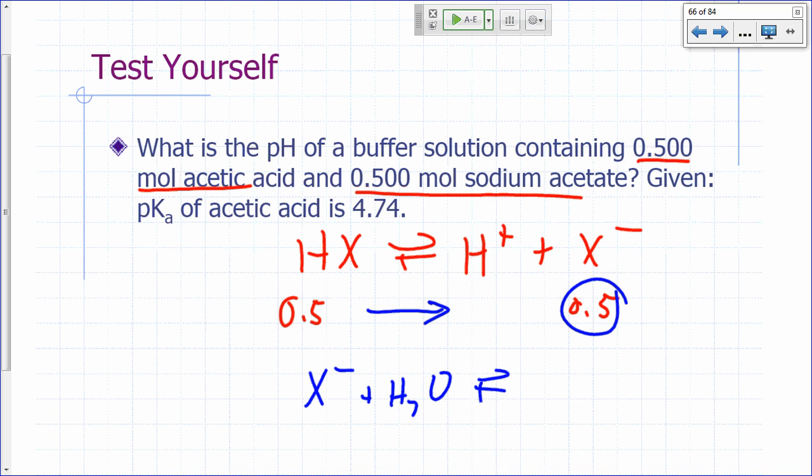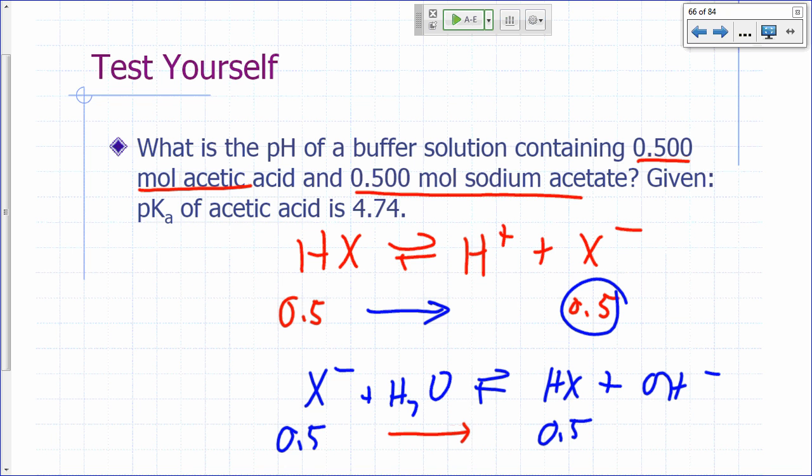Its ionization in water, which will give you HX plus hydroxide, is suppressed. You can think of it this way: if you have 0.5 moles per liter of your base and 0.5 moles per liter of your acid, the ionization of your base is suppressed by the presence of the acid. So pretty much whatever starting amounts you have, at equilibrium those will still be the same amounts, if you can see that you've got comparable amounts. And what did we say are comparable amounts? Anywhere between 0.1 and 10.